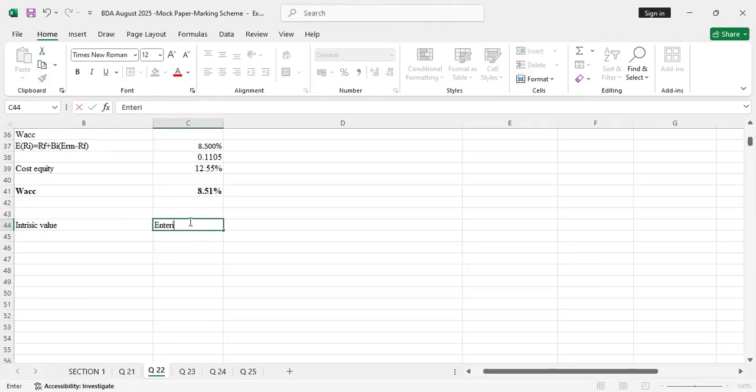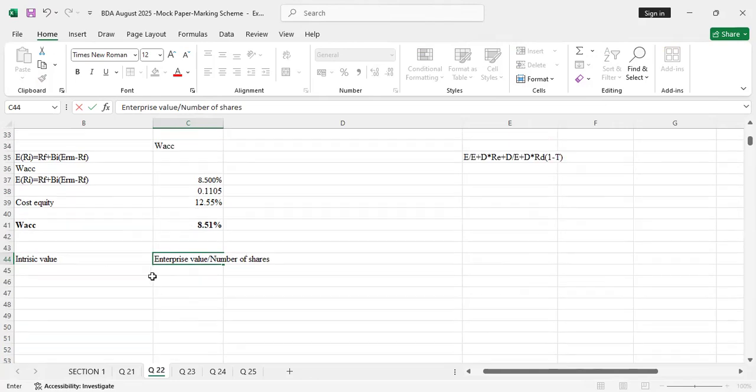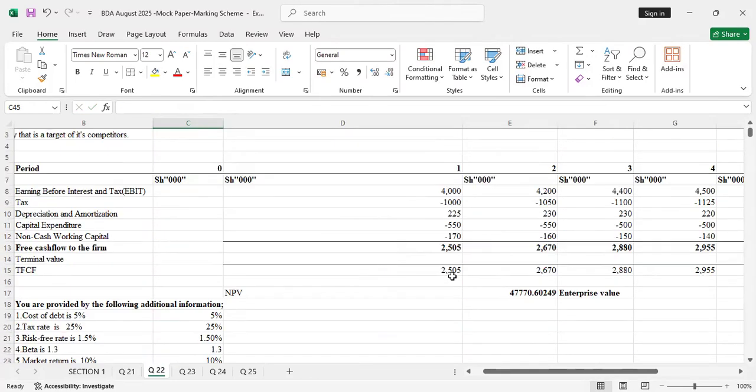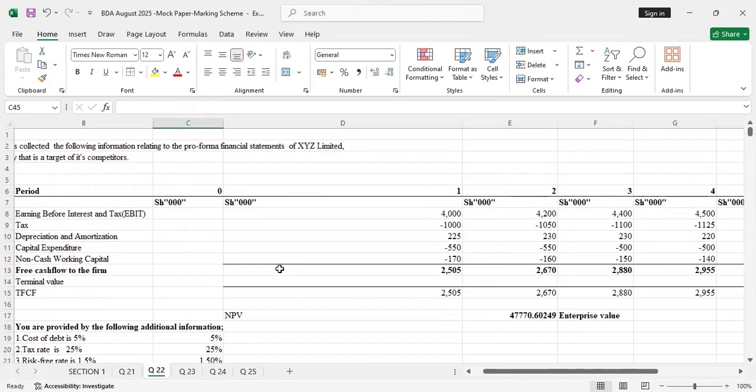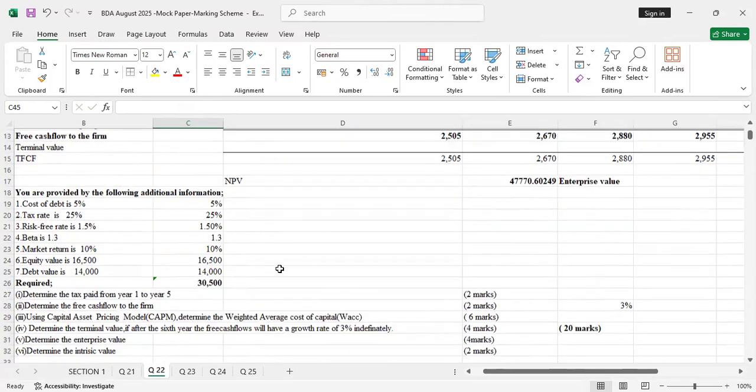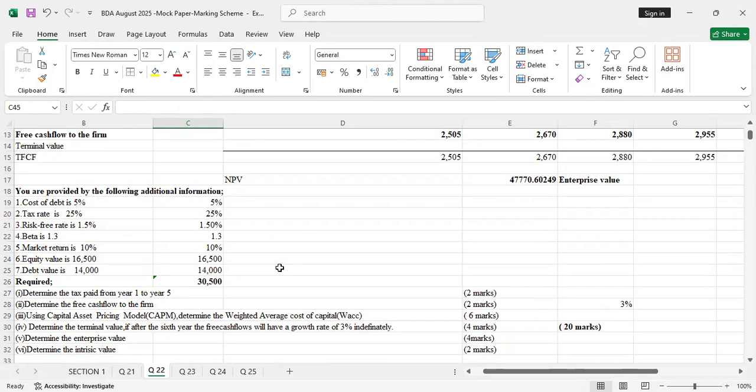Enterprise value divided by what? The number of shares. In this question, we have the enterprise value. We've just calculated it somewhere here. Then let us see if we add the number of shares. We are just given the equity value, which they are not even specific about.